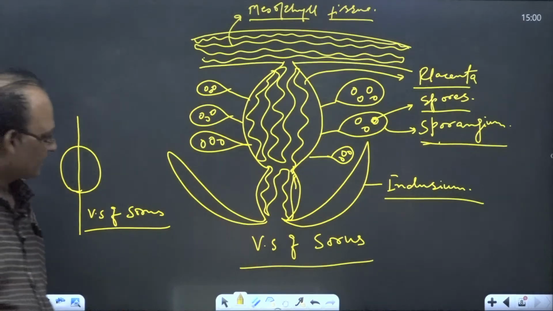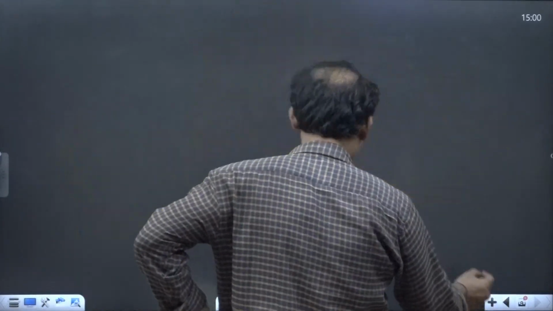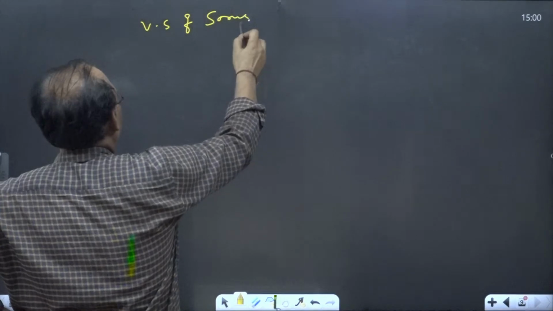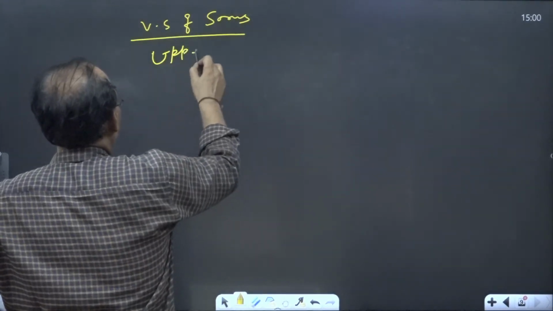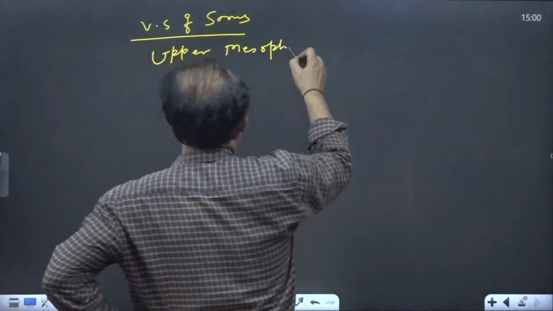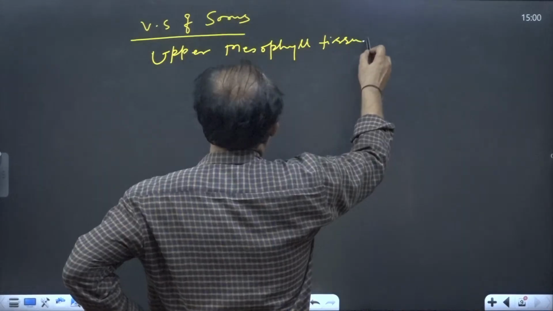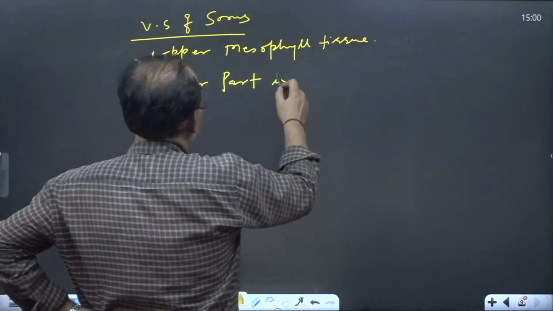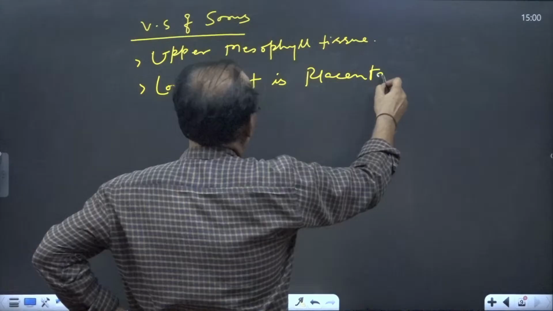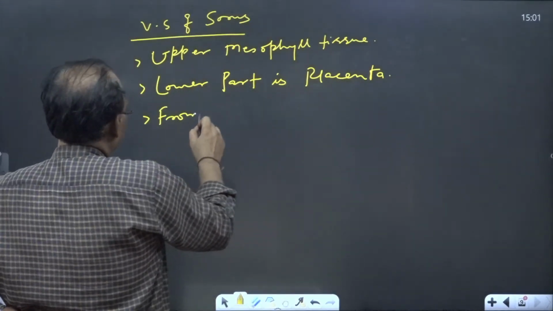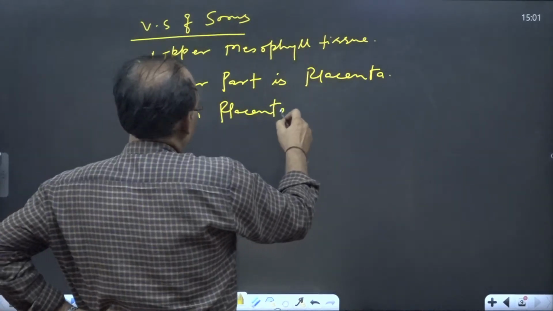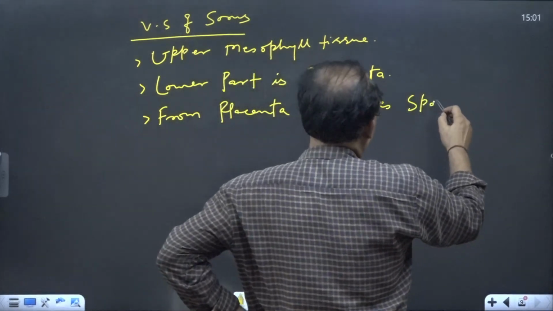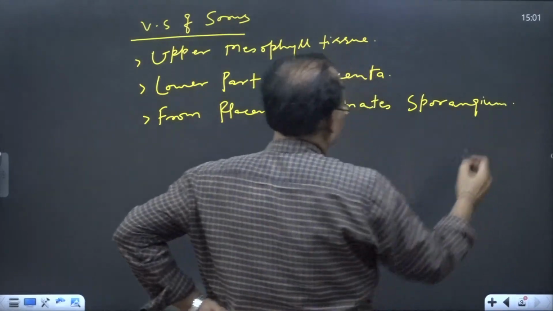Okay, now you see, to write down about this one, the vertical section of sorus: upper is mesophyll tissue, lower part is placenta, from placenta originates the sporangium, right?